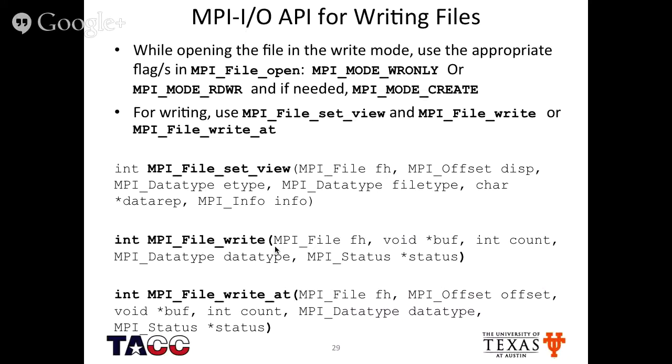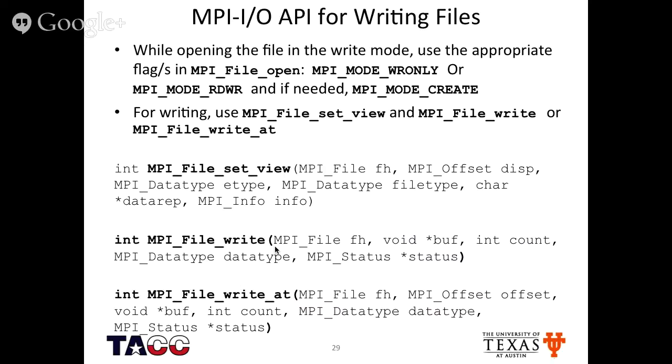But that was for reading. Now for writing, first of all, again, what do you need first and foremost? You have to have a file handle, right? Then you have to have the file opened in an appropriate mode, which is the write mode, and if needed, the create mode.